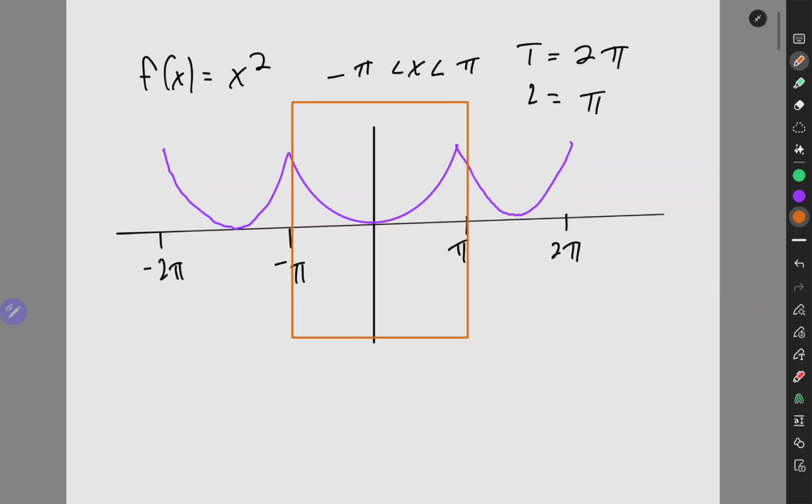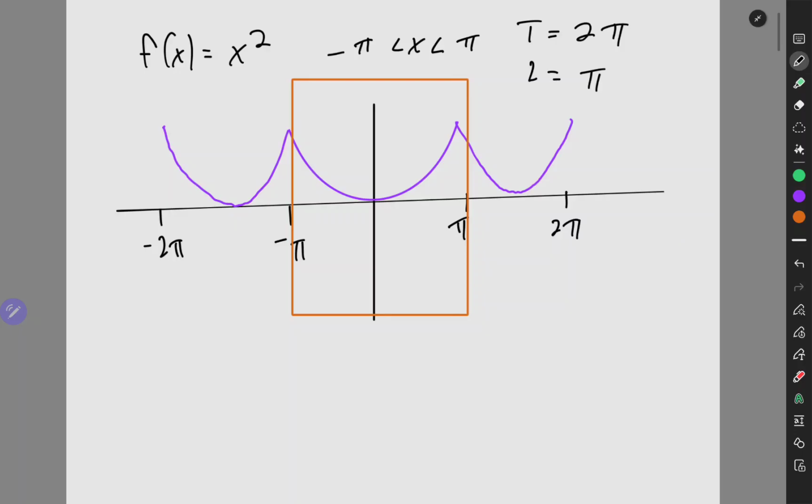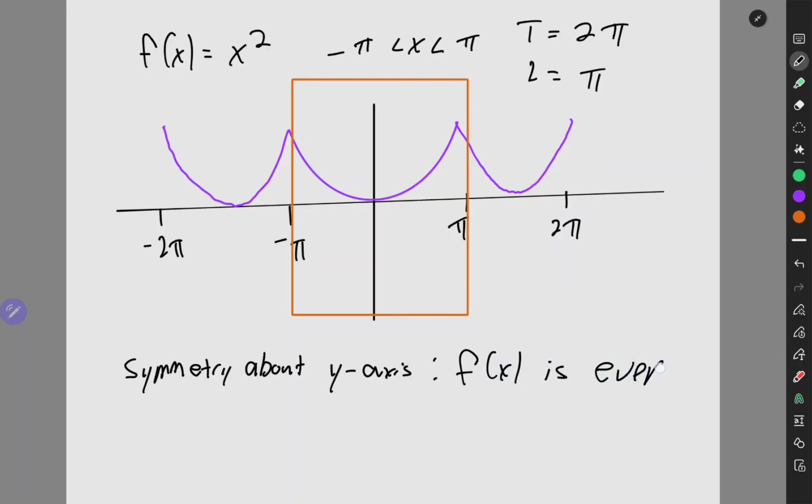So when you're looking at this, you want to say, what kind of symmetry does this have? Well, it has even symmetry, right? And you're thinking, well, why does that? So that means f of x is even. Well, why? Well, if we have symmetry about the y-axis, the function is even.